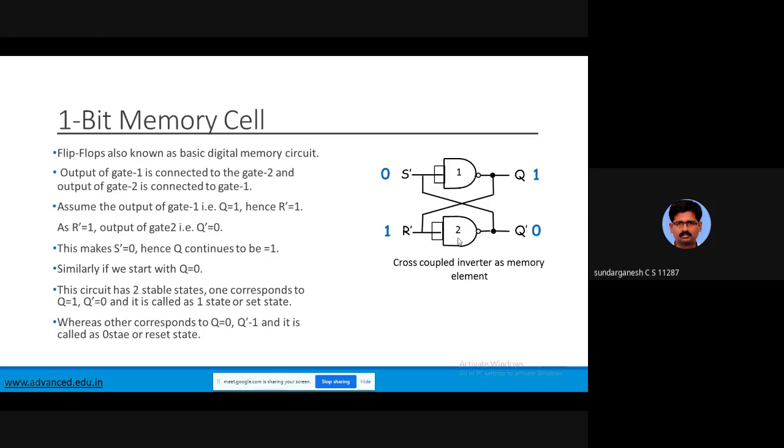So this 1 will come here. For a NAND gate, the output is 0 only. So this 0 will go here, and here you get an output of 1. Okay. So this state will continue. The outputs are 1 and 0, and the inputs are 0 and 1 for this SR latch.